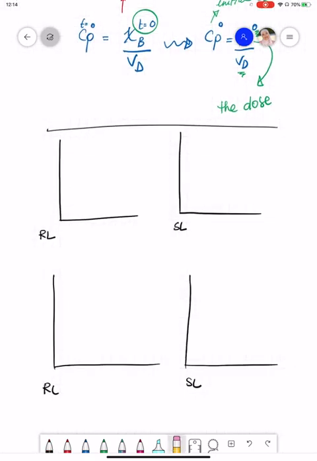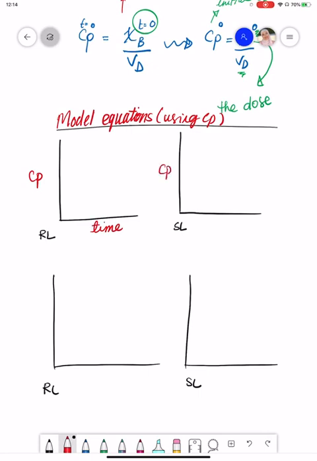So, model equations using concentration. We will have concentration versus time, concentration versus time, log concentration versus time, and ln concentration versus time.